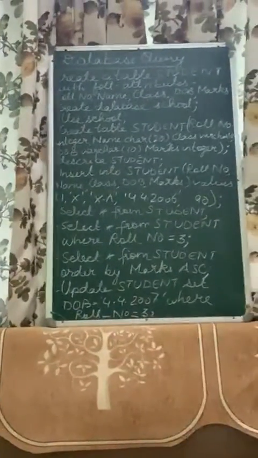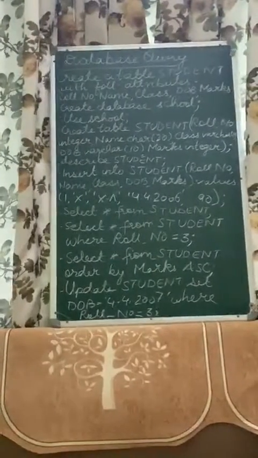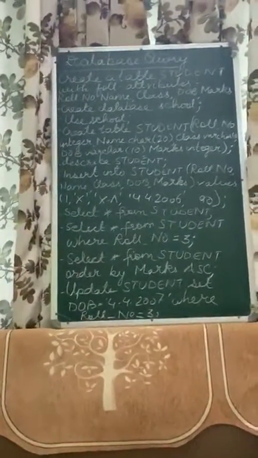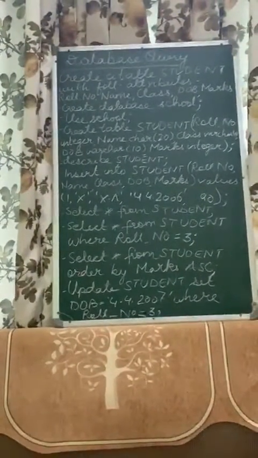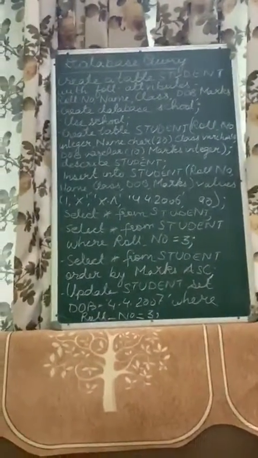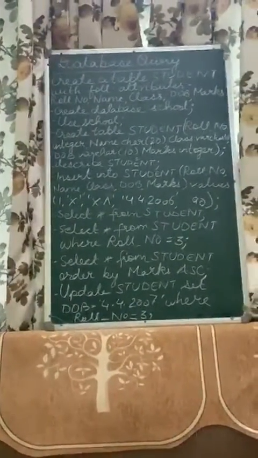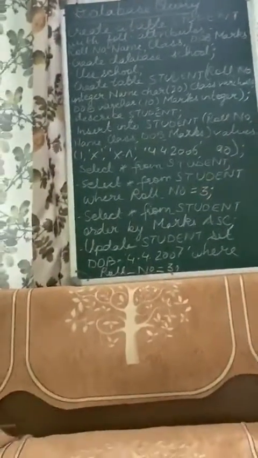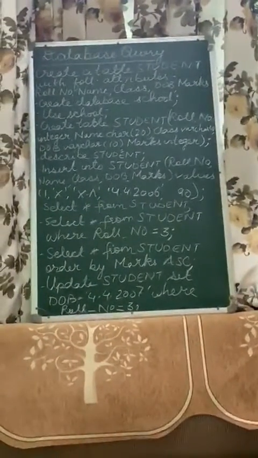Next, I use the update query. If you have made any mistake, you can correct it using update. So: update student, that is your table name, set DOB equal to 4.4.2007 where roll number is 3. Suppose you have entered the date of birth of roll number 3 wrong, instead of 2007 you have entered 2006.